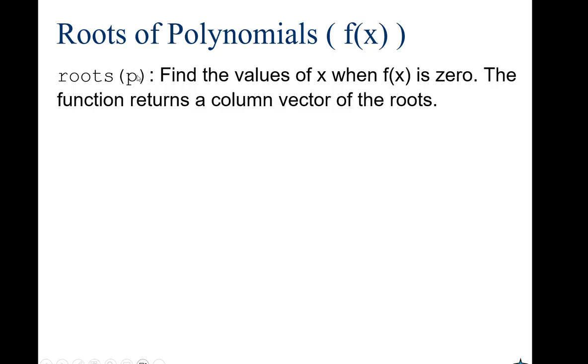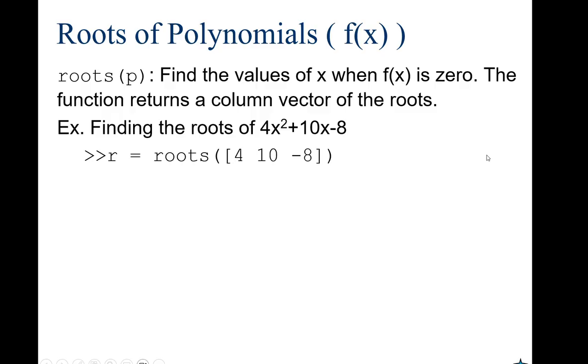P is exactly the same as it was in the polyval example, where it's simply an array of all of the coefficients of that polynomial. For example, the equation 4x squared plus 10x minus 8. Because the highest order is 2, there need to be 3 elements for p. The first element would be 4, the second element would be 10, the third element would be minus 8.